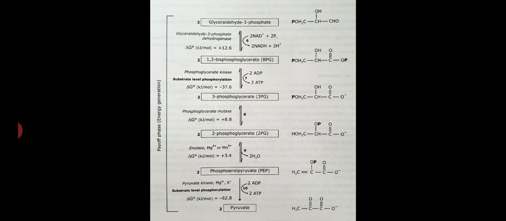This reaction takes place in two steps. First, the aldehyde is oxidized into a carboxylic acid by NAD+. And in the second step, joining of carboxylic acid with an orthophosphate to form an acyl phosphate product takes place.